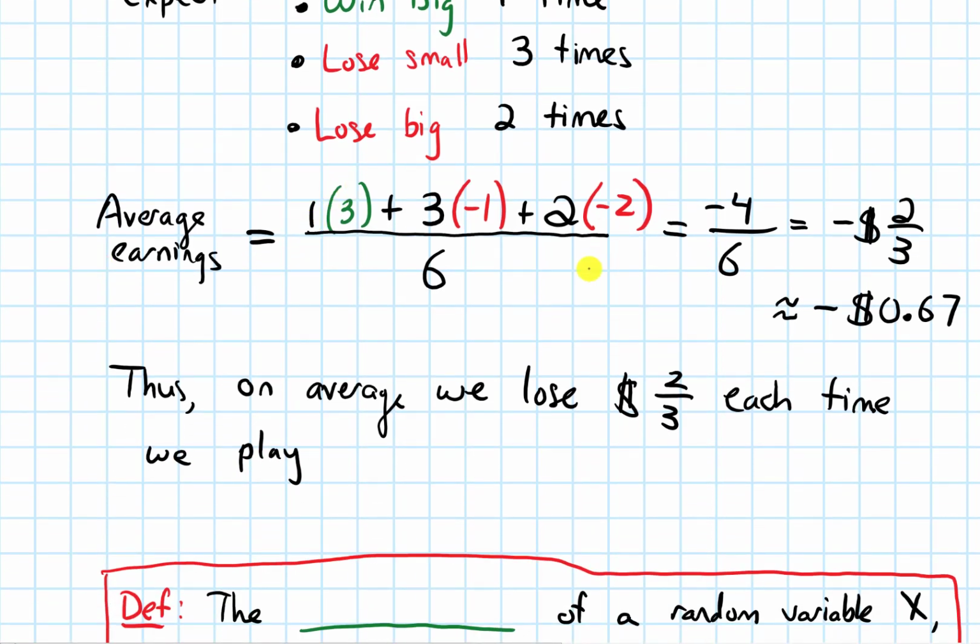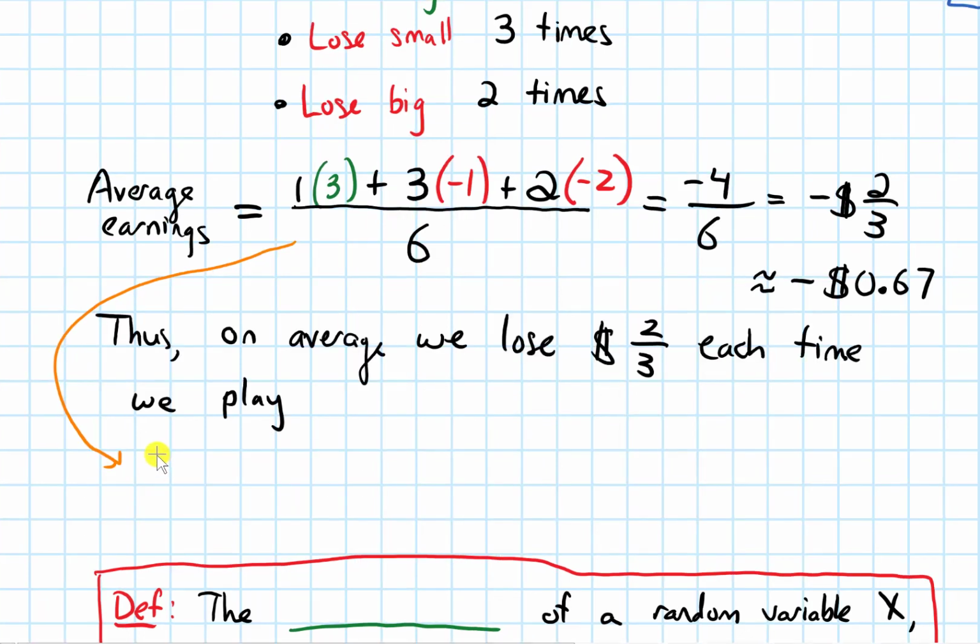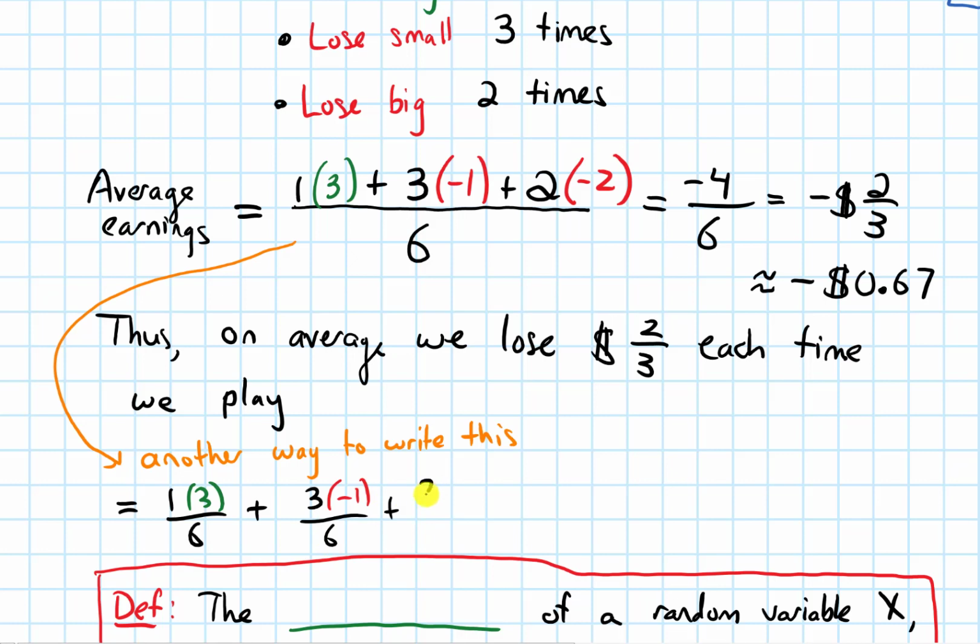So let's write this formula in another way. I'm going to take this fraction and write it in another way. Another way to write this fraction is to split it up and to say that it equals 1 times 3 over 6 plus 3 times negative 1 over 6 plus 2 times negative 2 over 6.